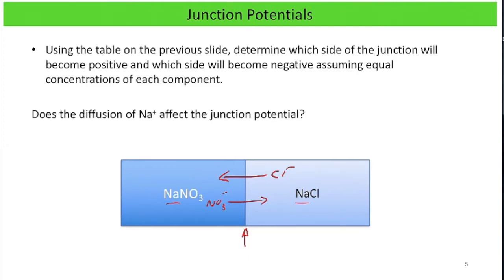So since the chloride is moving faster to the left, we'll have an excess negative charge building up on the left-hand side of that membrane. And since the nitrate can't move fast enough to replace those negative charges that are being lost by the right-hand side, then the right-hand side is going to have an excess positive charge associated with it.